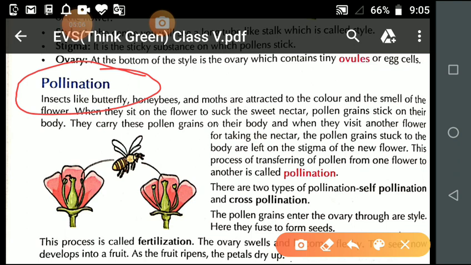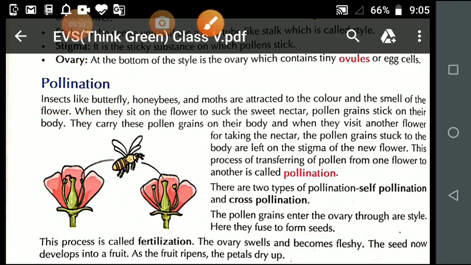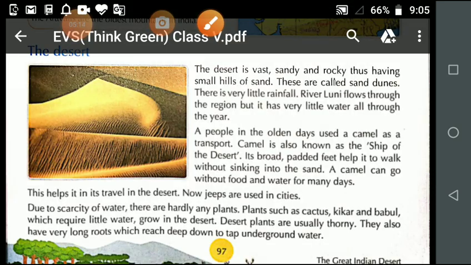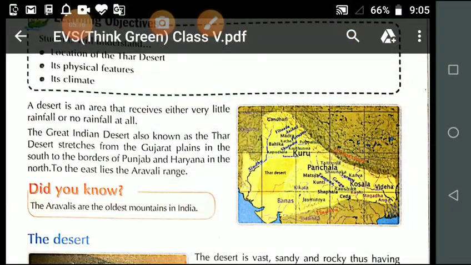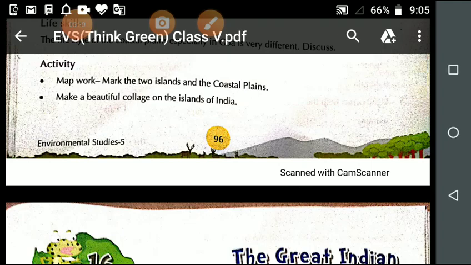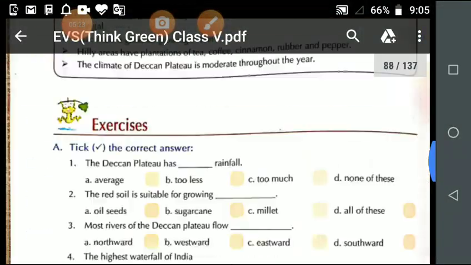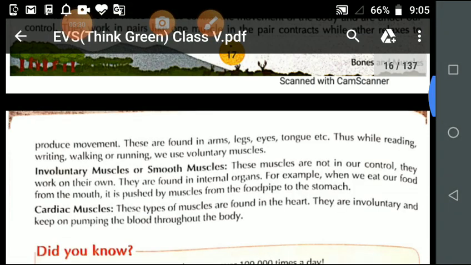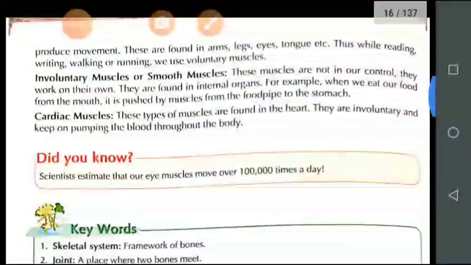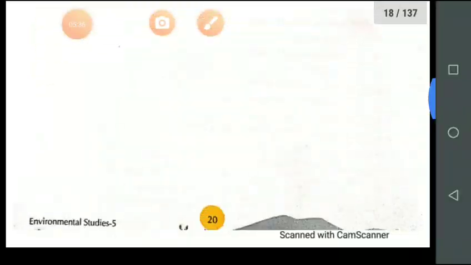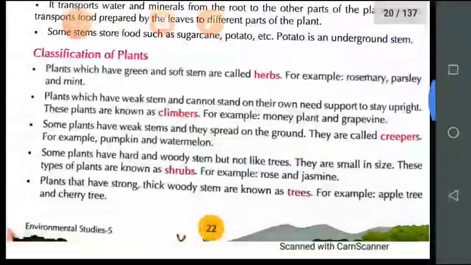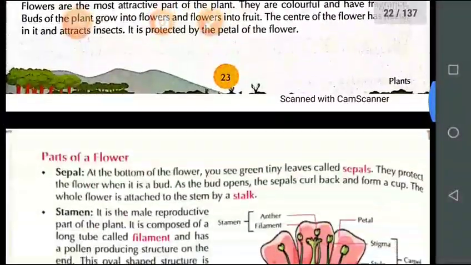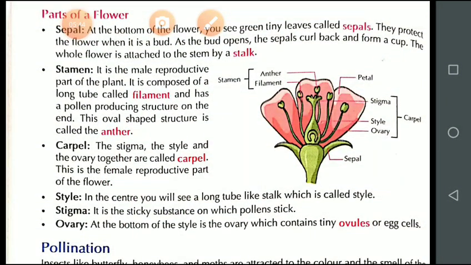I already explained to you that the carpel is divided into three parts: stigma, style, and ovary.